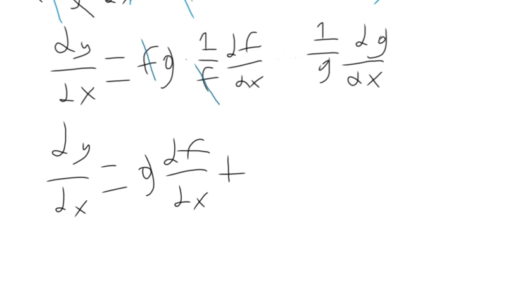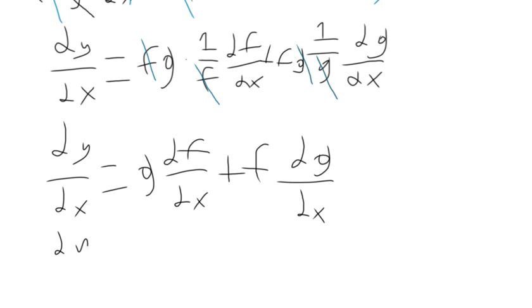So let me put that in right here. That was just a mistake. And on the second term here, the g's will cancel out, and we'll be left with f times dg dx. And we've completed the product rule.